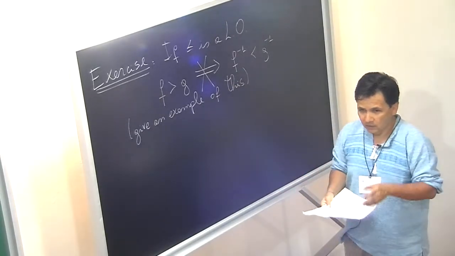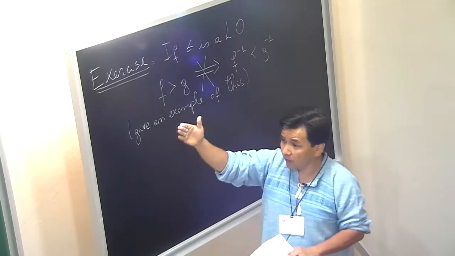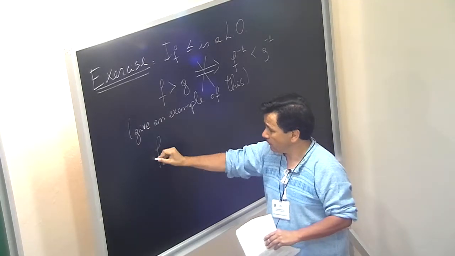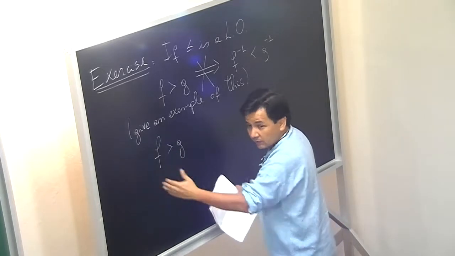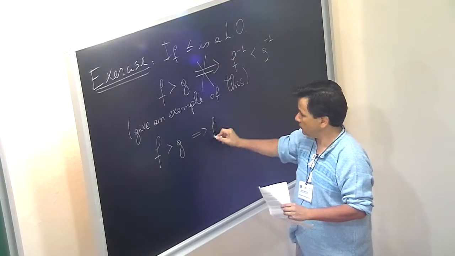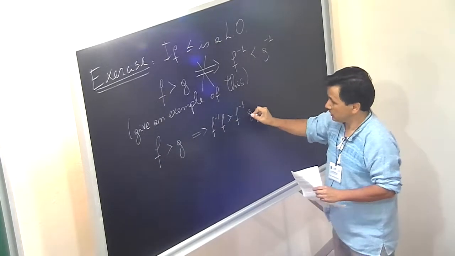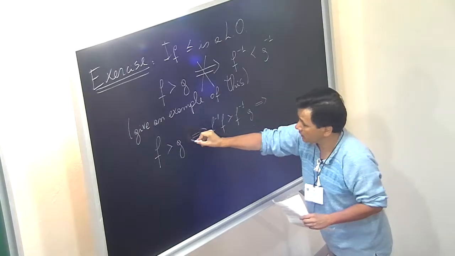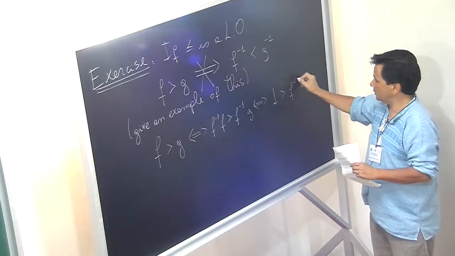If you try to do things just using the definition, you just say, well, f is greater than g, then I will multiply on the left by f inverse, then you get f inverse f is larger than f inverse g, which is the same as saying that, actually this is an if and only if, the identity is larger than f inverse g.